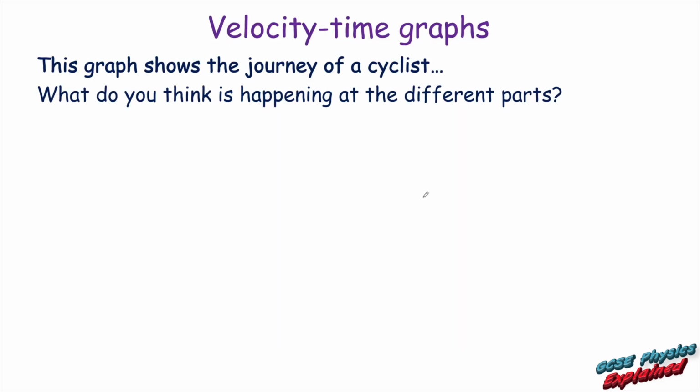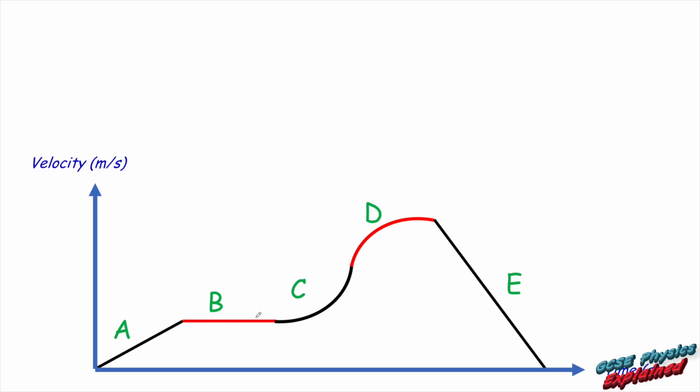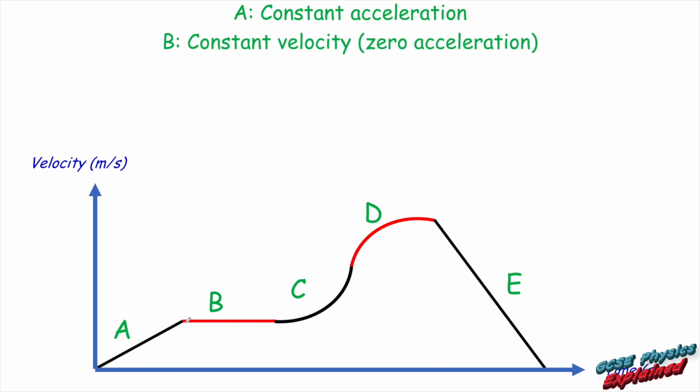Right, so what do you think's happening at these different parts of the graph? All right, so common question. So A, that's a constant acceleration because it's a constant slope. B is 0 acceleration because it's like a 0 slope. This slope here is getting steeper and steeper, so that means the acceleration's increasing.